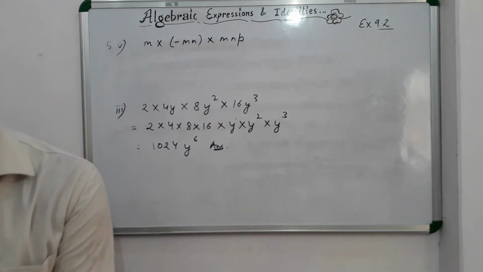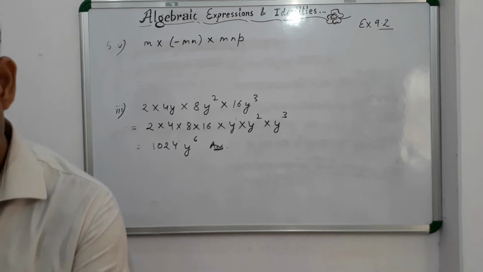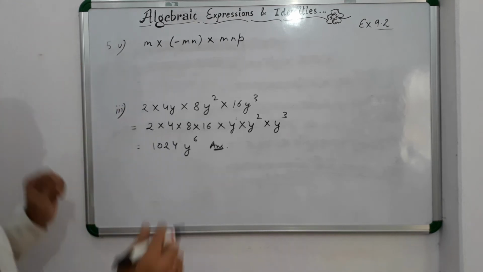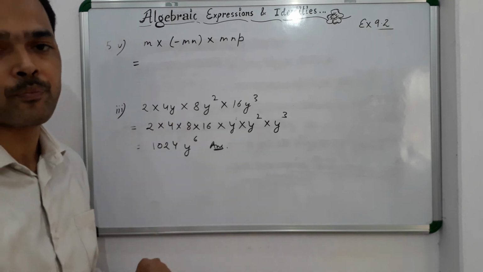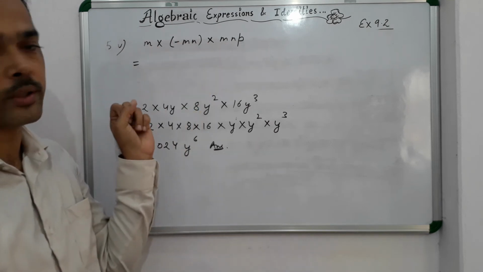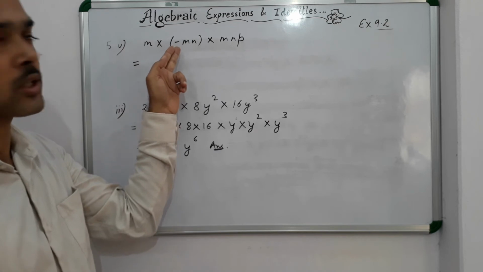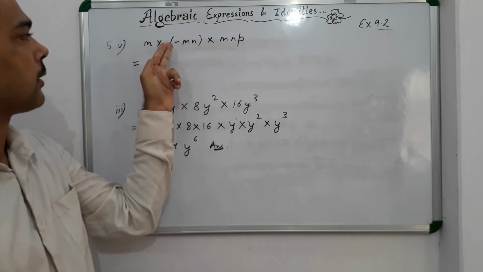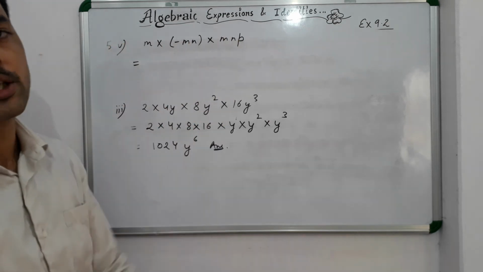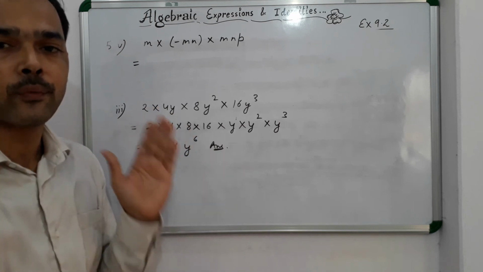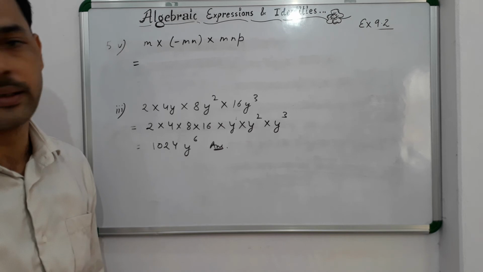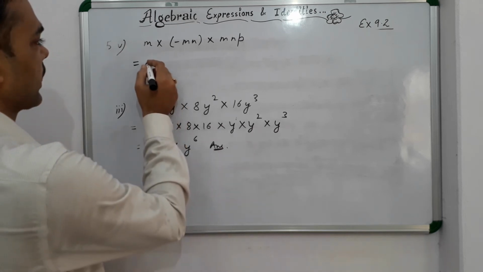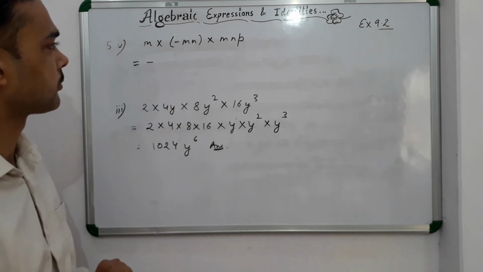Now when you are multiplying them, you observe that this one is negative, the rest two are positive. Plus into minus will be minus, and minus into plus will be minus, because you know that whenever two different signs are multiplied, the result is always negative. In this way you get a negative sign.